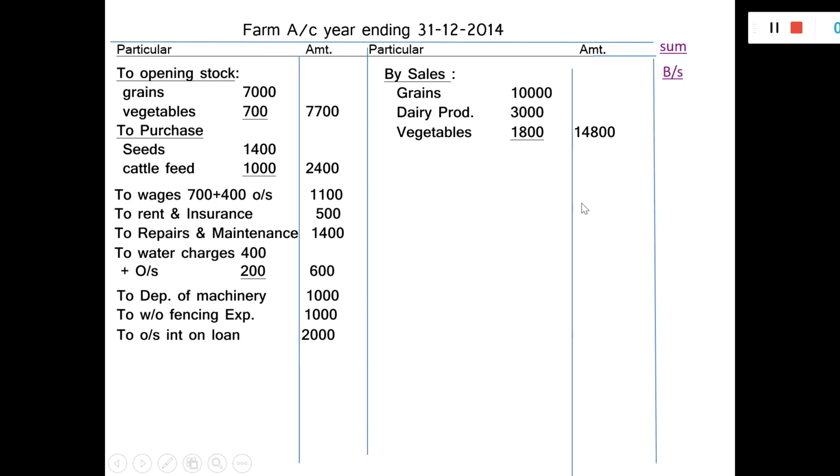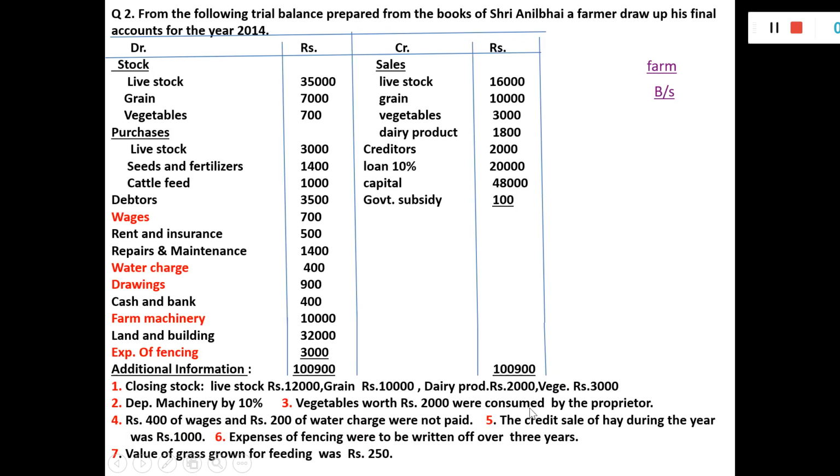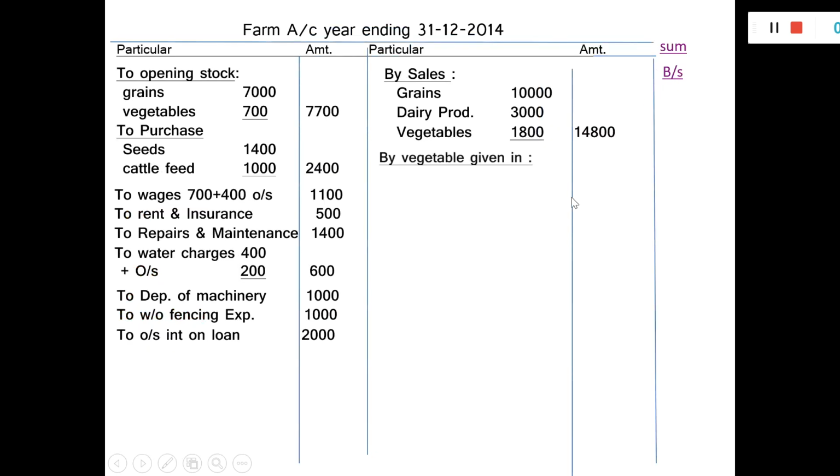Go to the farm account. Friends, here vegetable worth rupees 2,000 were consumed by the proprietor. Vegetable given in personal use 2000.